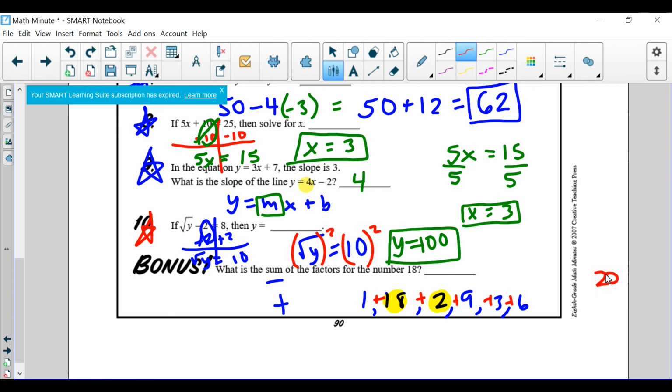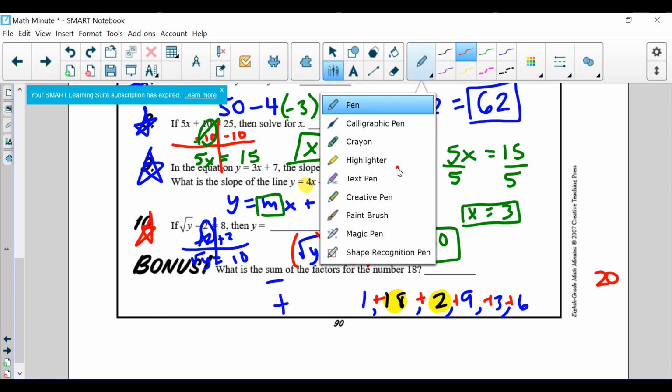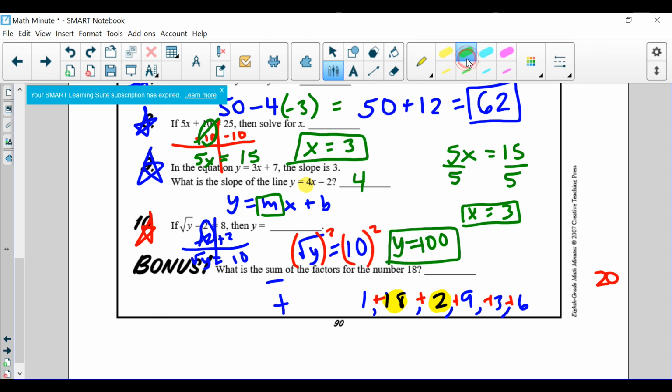Then I'm going to again highlight and go, okay, what else do I notice? Do I notice any other groupings? Yeah, I do. 1 and 9 add to 10. So I'm like, oh, that adds to 10. Okay, so we've got 10. That's easy to do in our head.